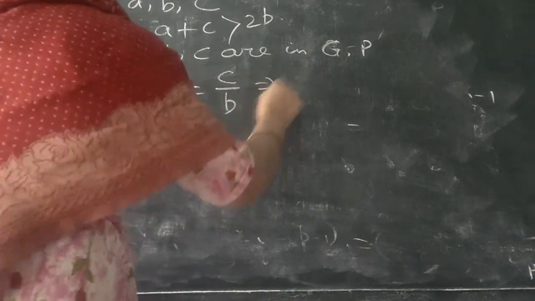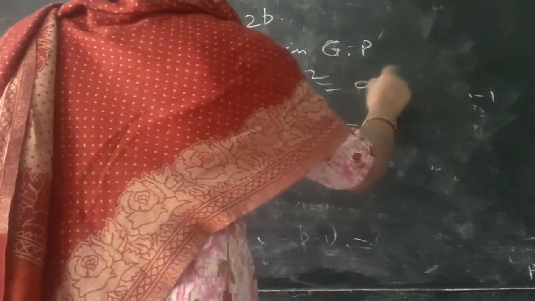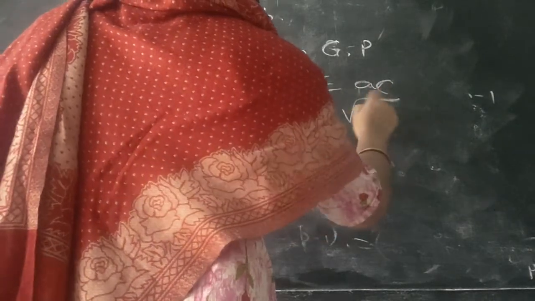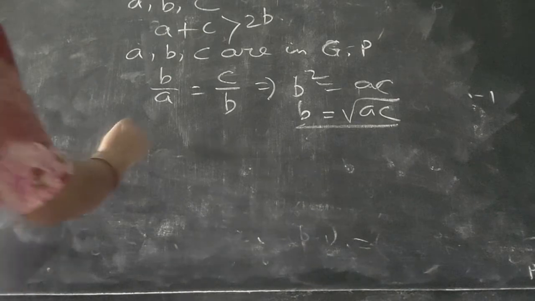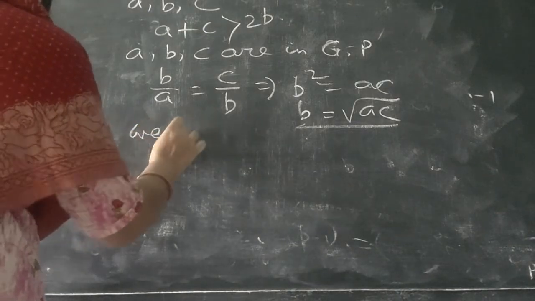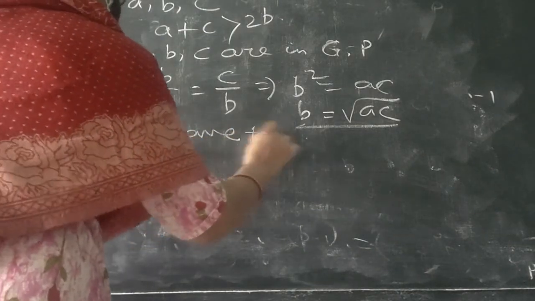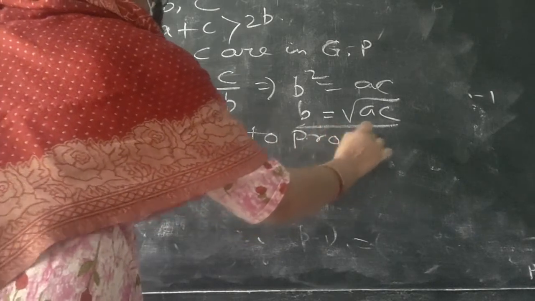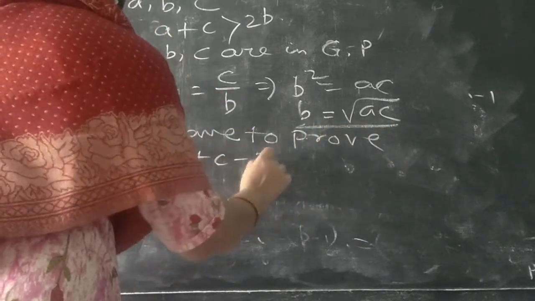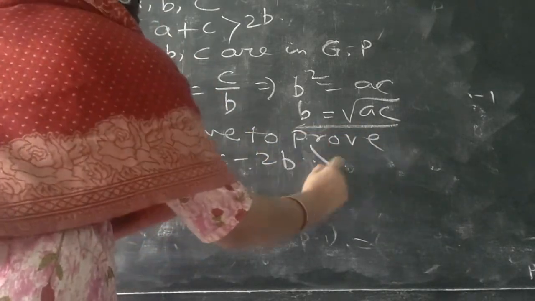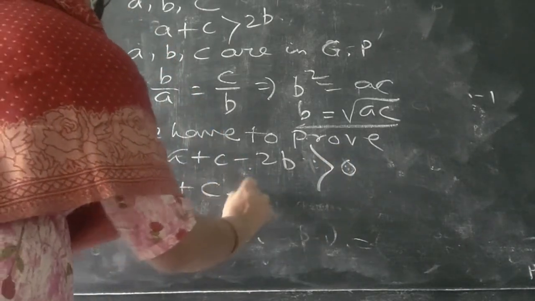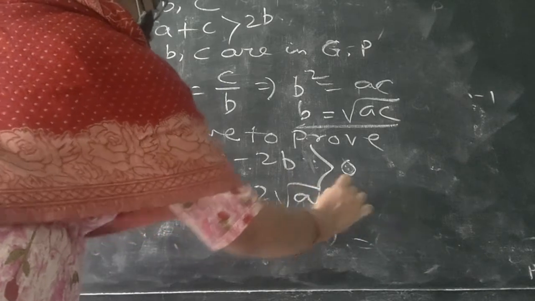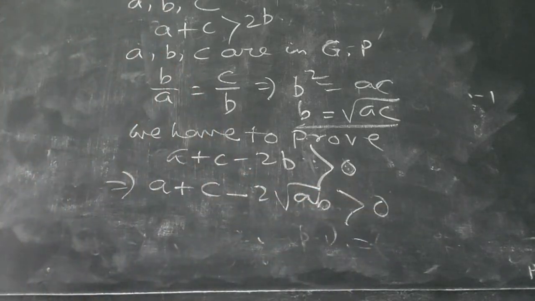That means b squared equal to ac, that is b equal to root ac. We have to prove a plus c minus 2b is greater than 0. That means we have to prove a plus c minus 2 root ac greater than 0.